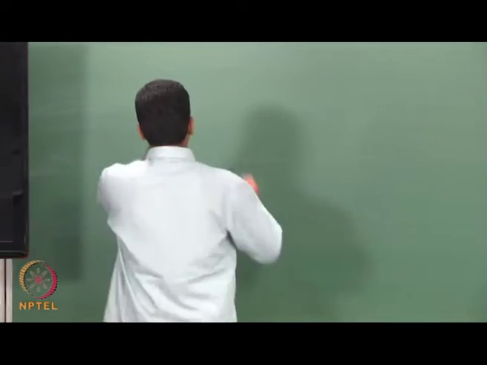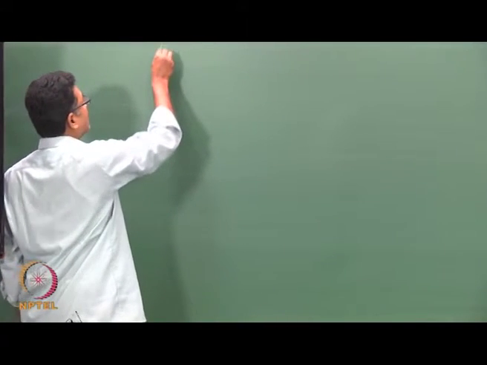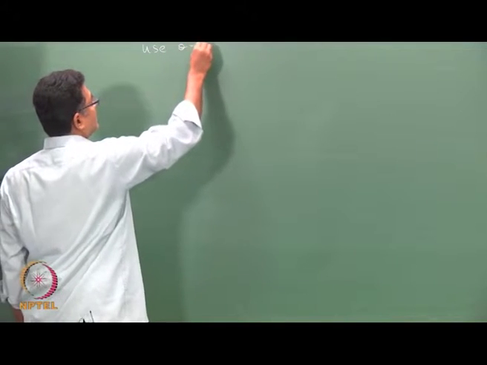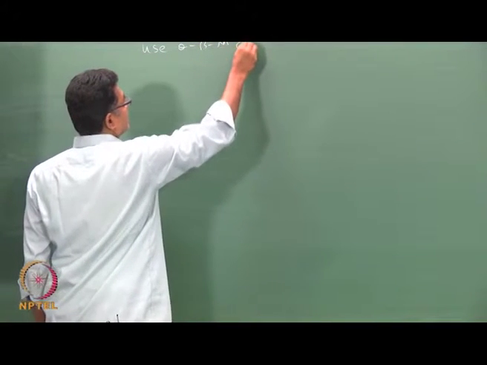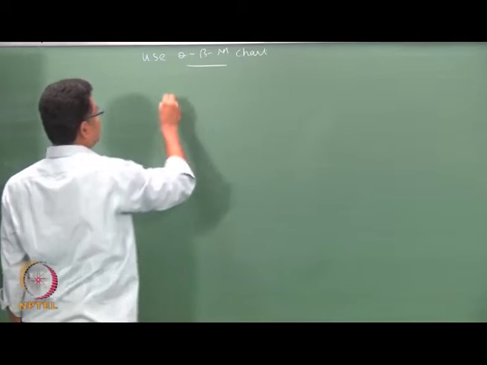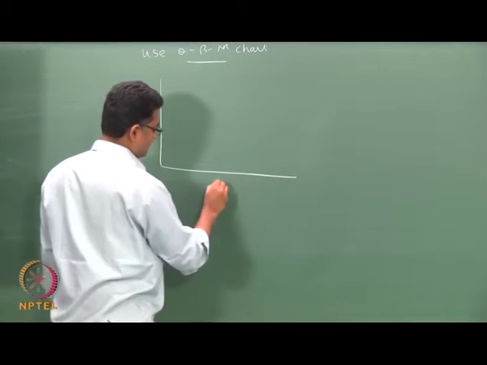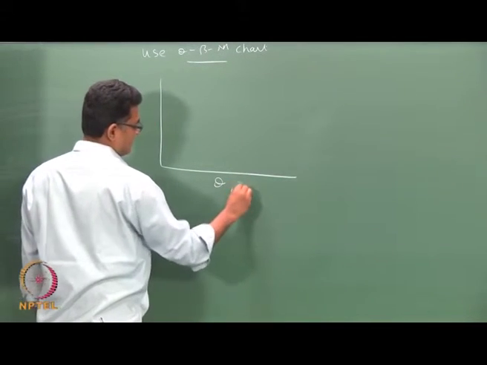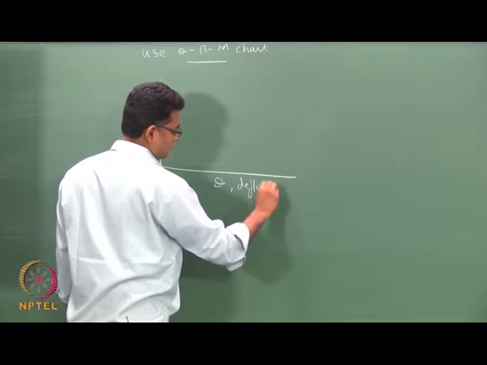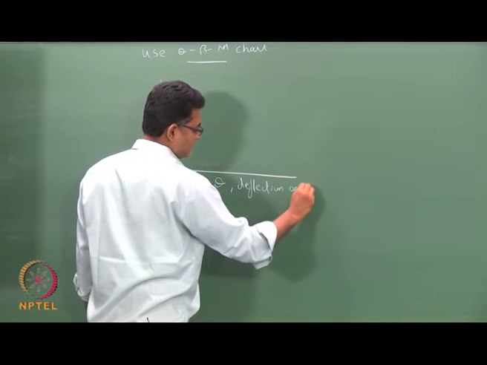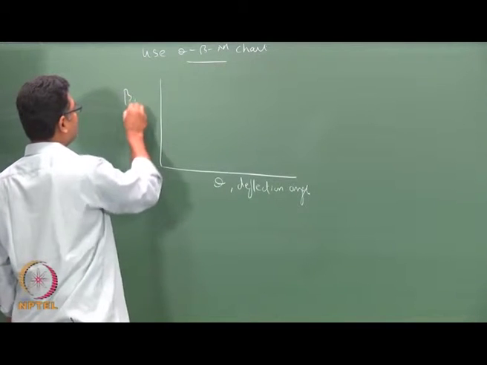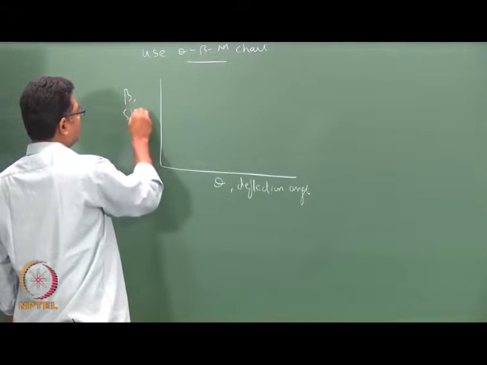Okay. So, we are going to discuss today some problems in oblique shock using the theta-beta-M chart. I will use the theta-beta-M chart, which is essentially your theta, which is your deflection angle, and beta, which is your shock angle.